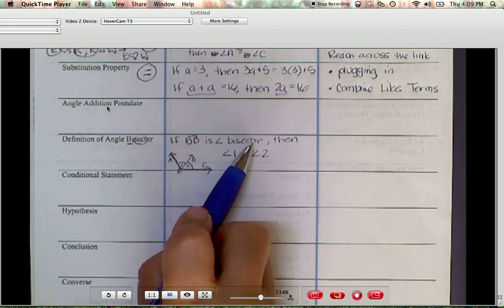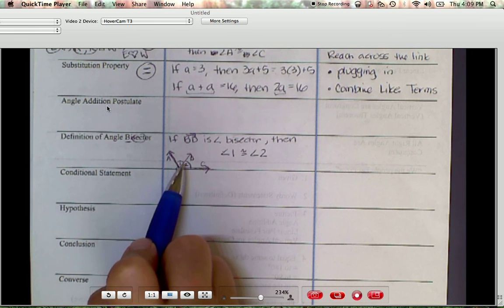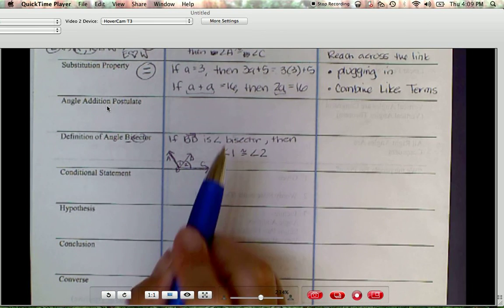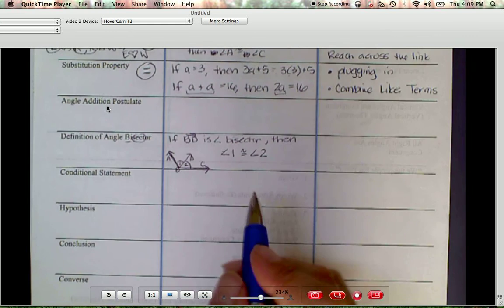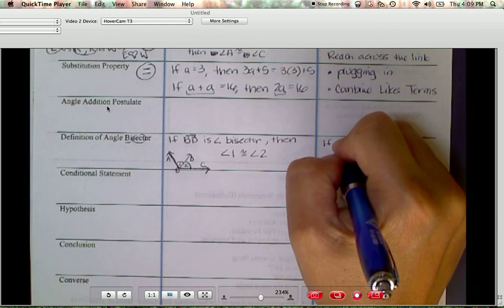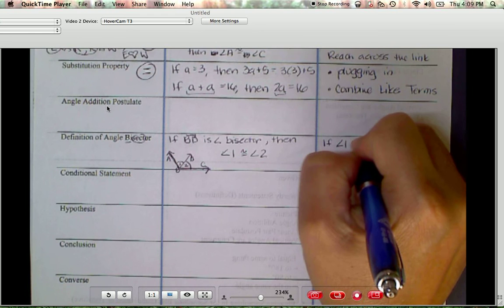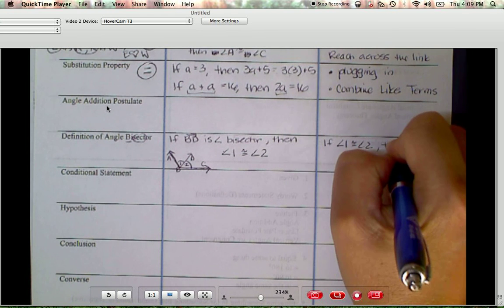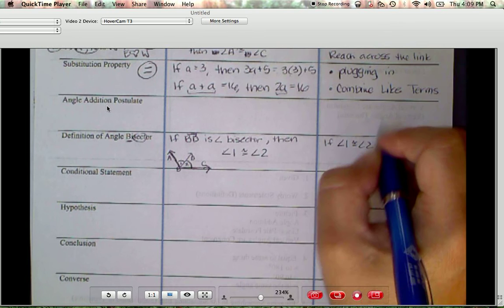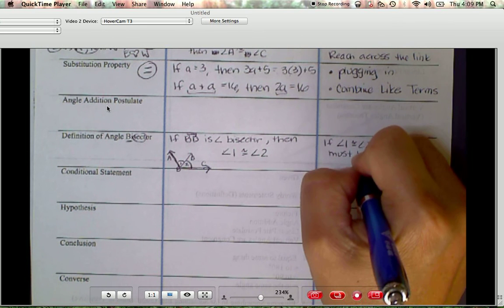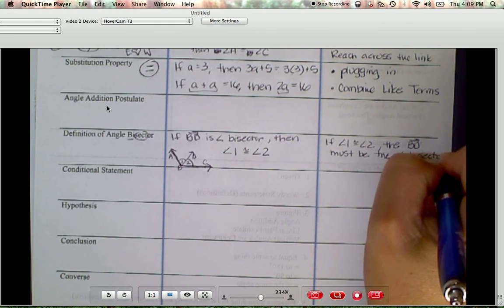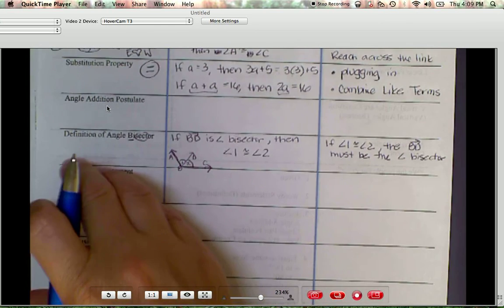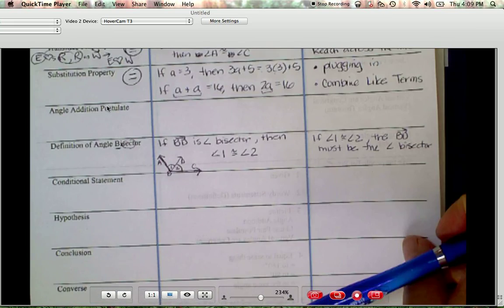So if BD is the angle bisector, that means it is the thing that is bisecting, cutting it into 2 equal angles. Therefore, these angles are congruent. This can also work the other way. If angle 1 is congruent to angle 2, then ray BD must be the angle bisector.